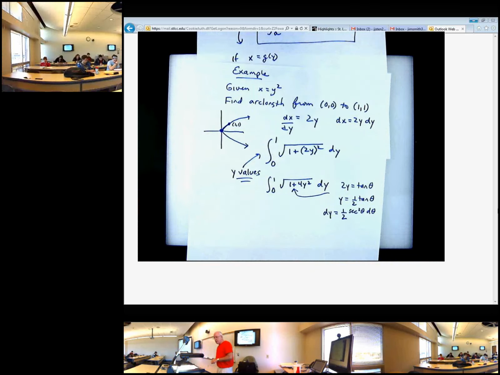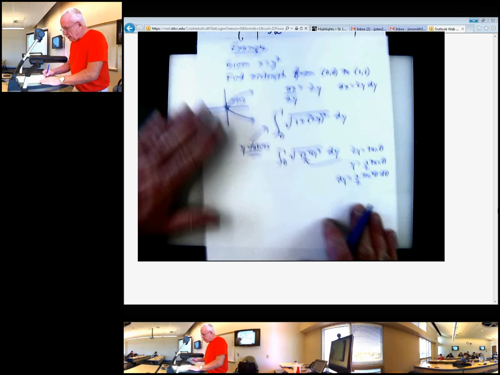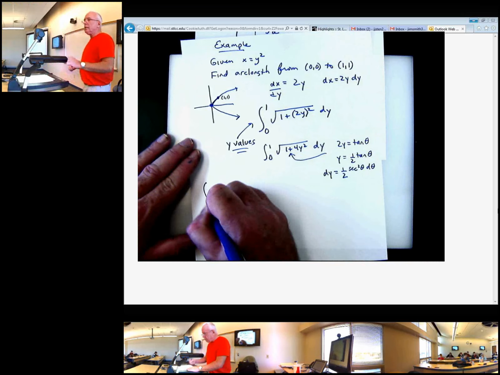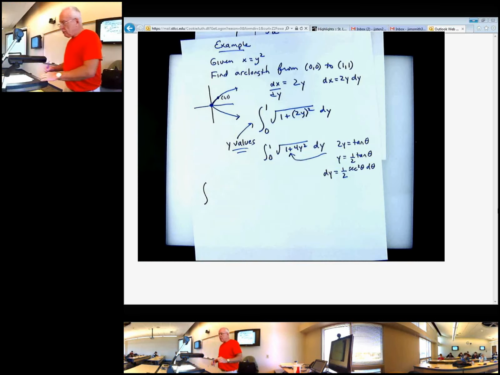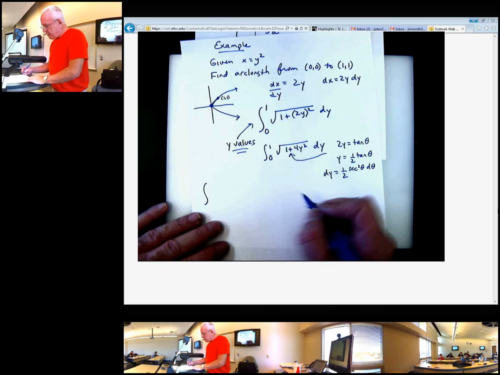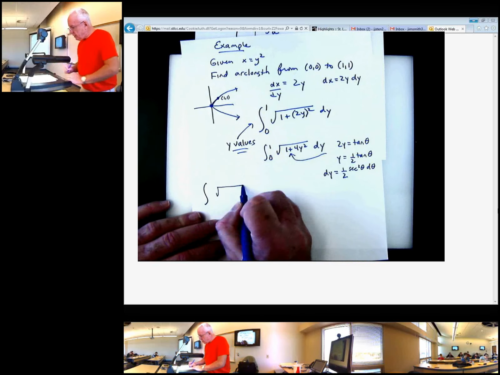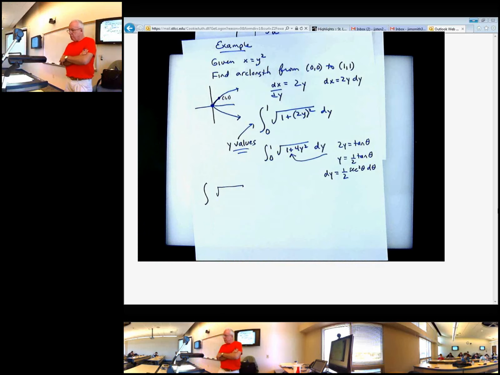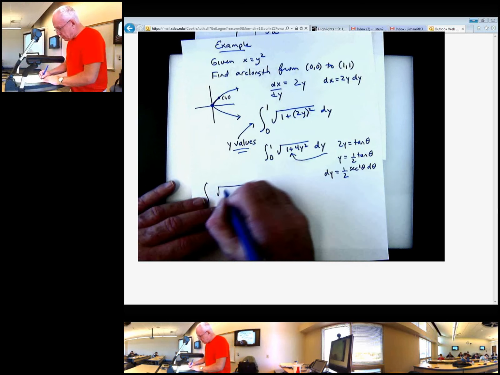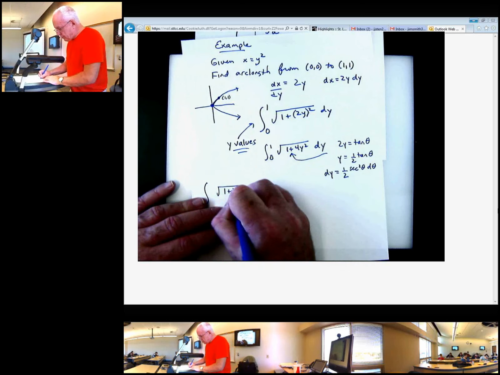Okay. I'm going to leave out for the moment the limits of integration. So let's see, what is this going to become under the integral? 1 plus 4y squared is going to transform into 1 plus tangent squared of theta.